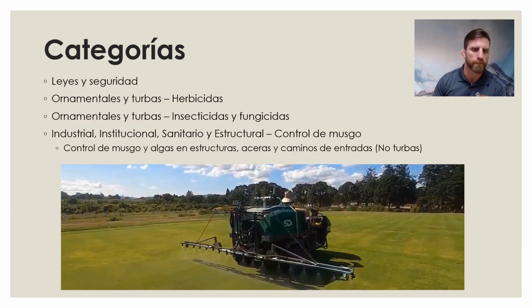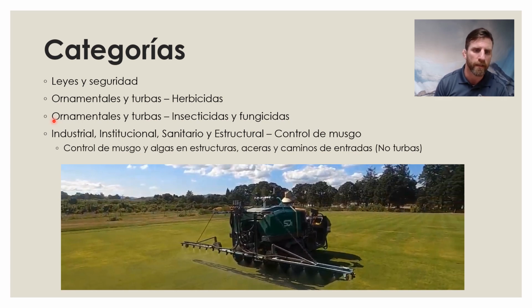So again, all of the commercial and public applicators have to have the laws and safety exam, and then there'll be various categories underneath that. And I think for people taking this pesticide applicator training course related to turf, these are going to be the categories that relate closest to you.